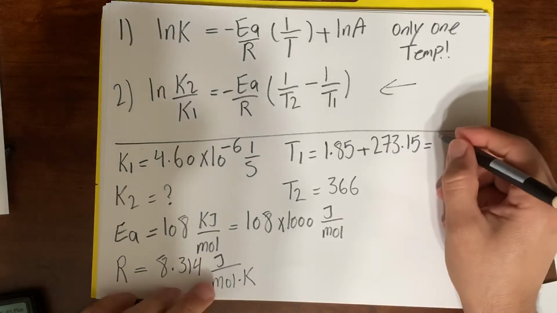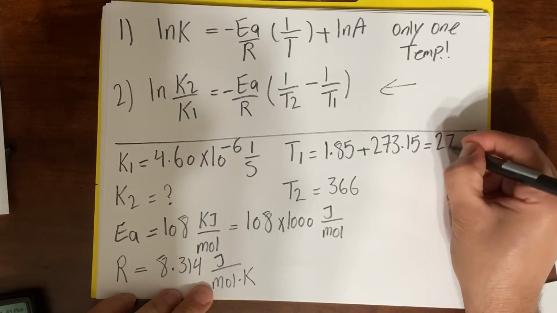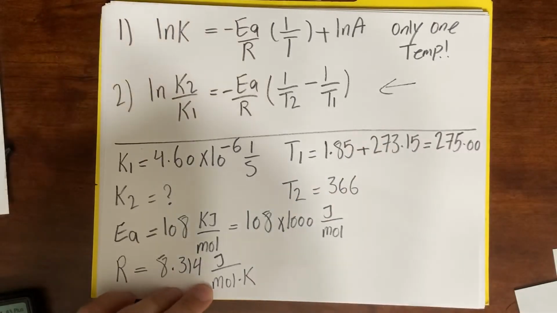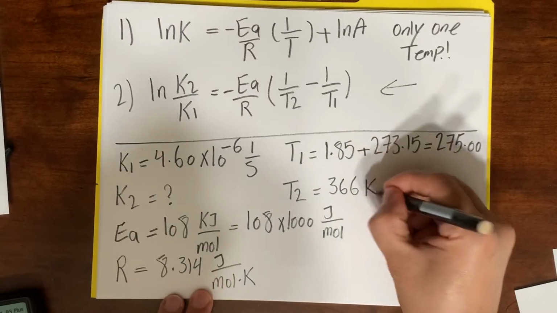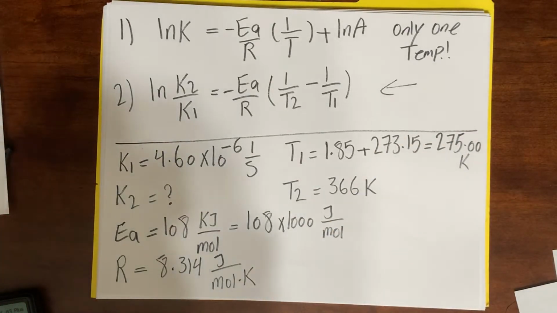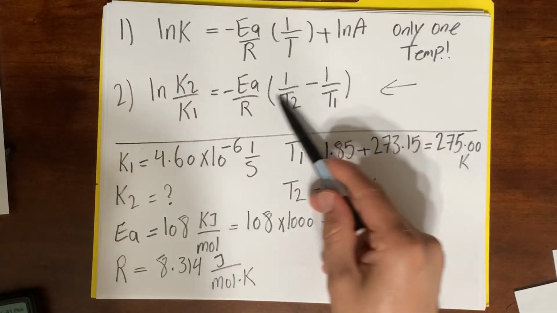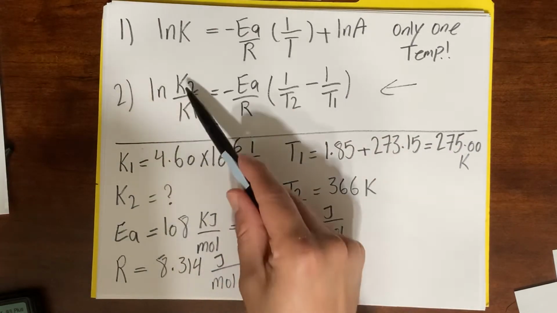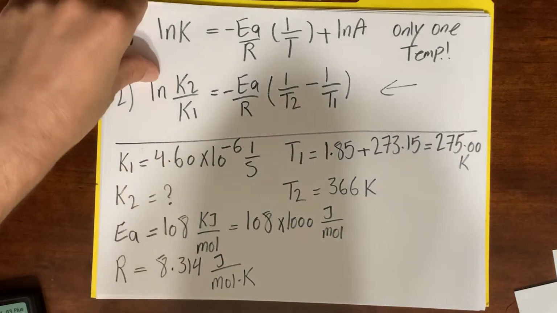And this one will be 275.00, unit Kelvin. Okay, so I have all except K2, so I should be able to calculate K2 through this formula.